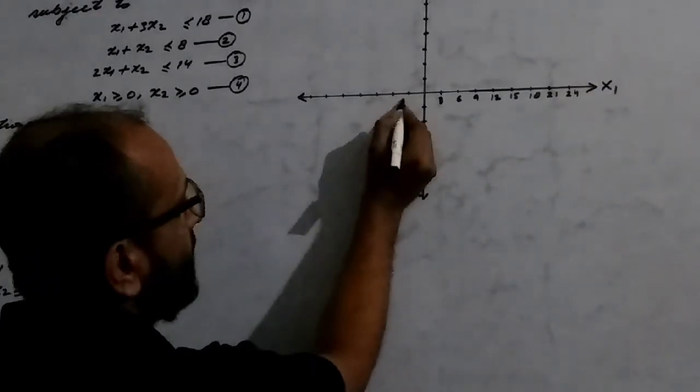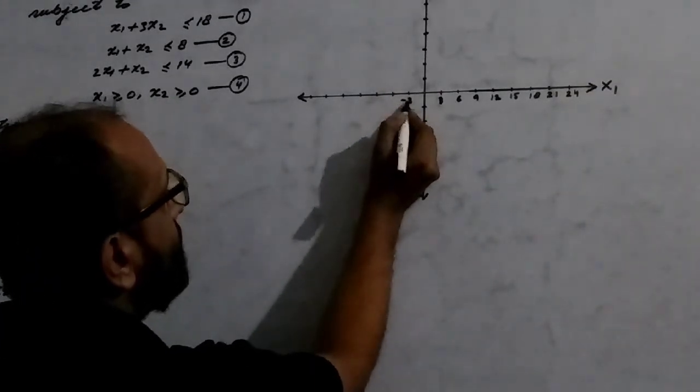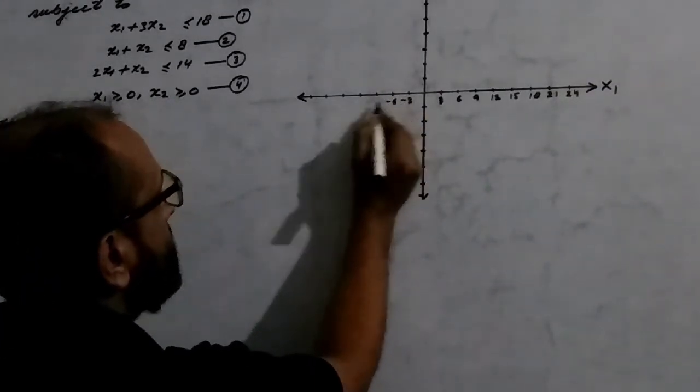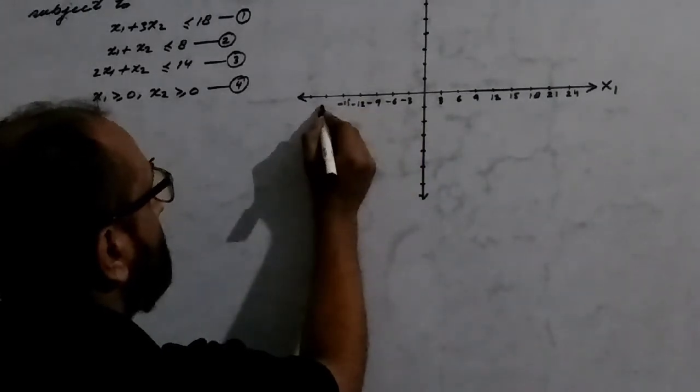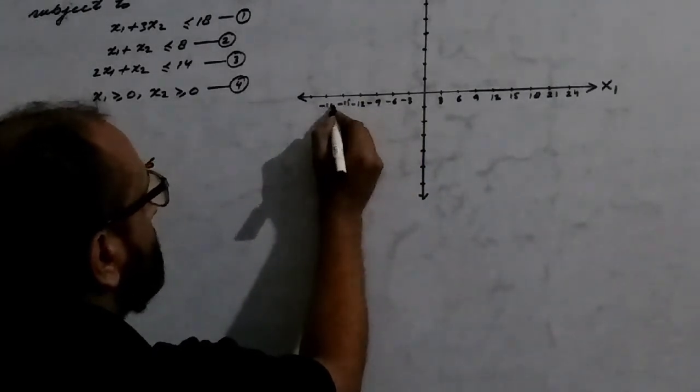Similarly, on the left hand side, negative: minus 3, minus 6, minus 9, minus 12, minus 15, minus 18.